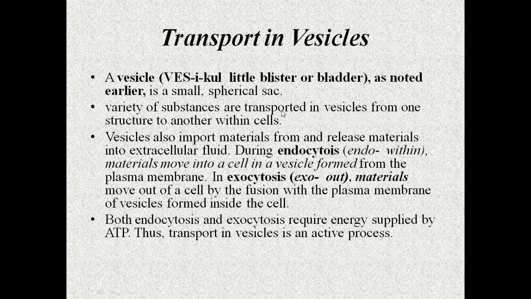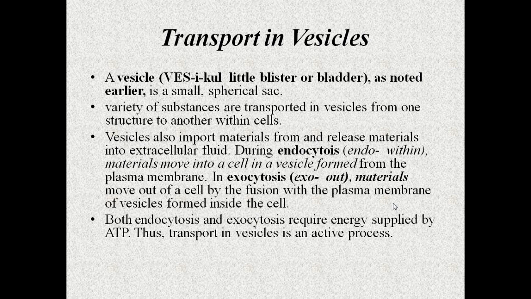Phagocytosis is another method, and exocytosis is involved. Materials from the cell will be carried in a vesicle. This vesicle will fuse with the plasma membrane, and by a process called exocytosis, it protrudes outward, like an amoeba-like movement, pinches off from the plasma membrane, and goes into the extracellular fluid.